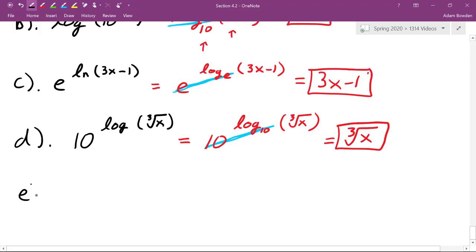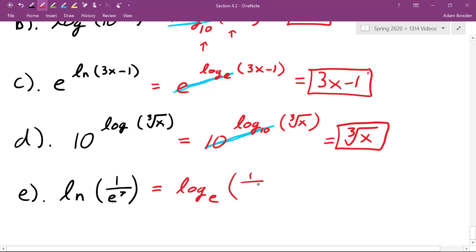And then one last example, let's take a look at the natural log of 1 over e to the 7th power. So when we see the natural log, let's go ahead and convert the ln over to log base e. Log base e of 1 over e to the 7th.